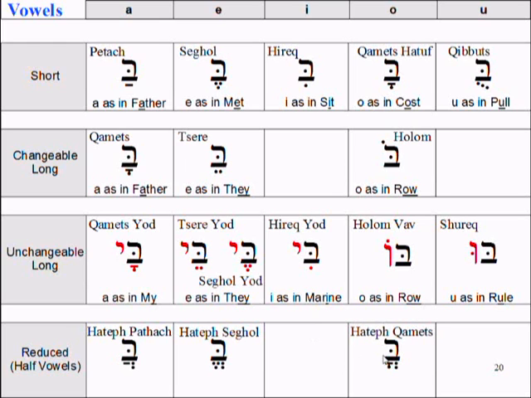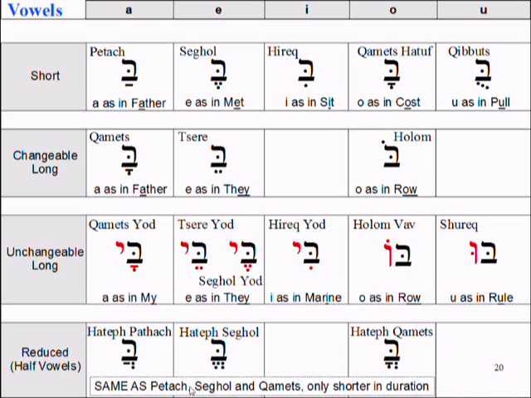It's a hatuf. And the same here. This is an ah sound, or o sound, and it's being shortened. So same as patach, segol, and kametz. These three are the same as these ones up here, but they've been shortened with these two dots, the hatuf. They're called the half vowels.